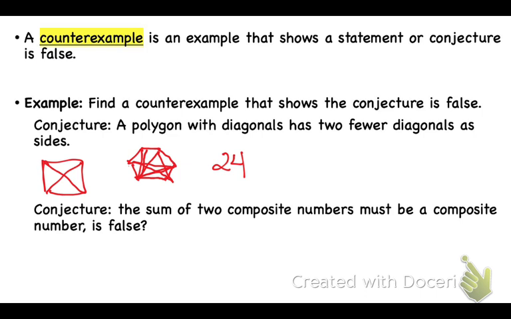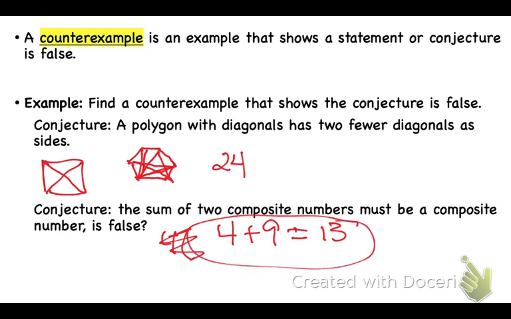Okay. What about 4 and 9? Oh, 4 plus 9, excuse me. Sum. Okay, those are both composite numbers, yes? That would be 13. Is 13 a composite number? No. Nope, 13 is a prime. So did we find a counterexample? Yes. Now, I could probably find lots of examples where it worked, but all I need to find is what? One that's wrong.